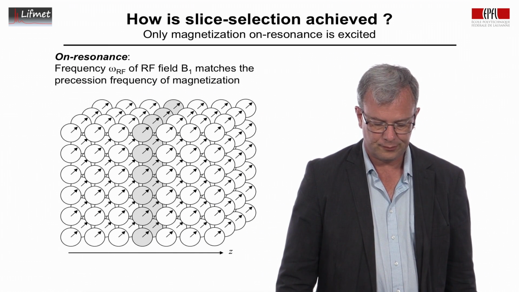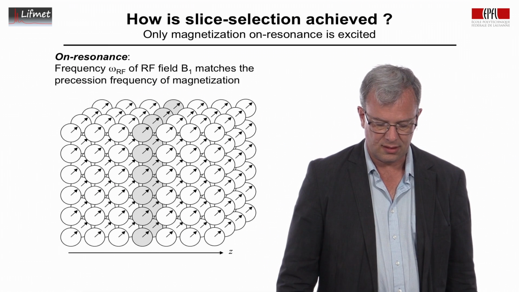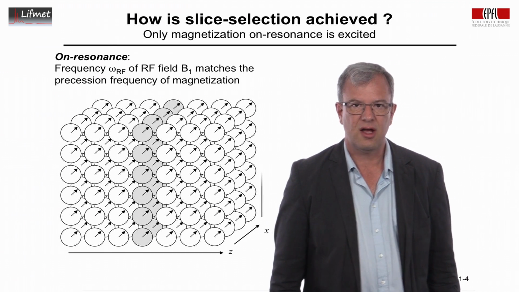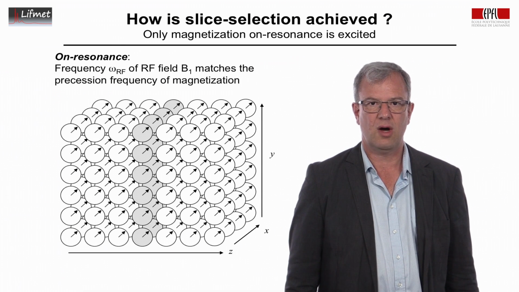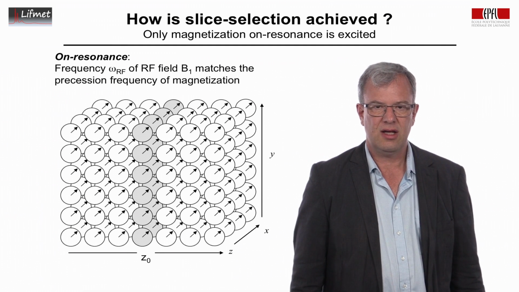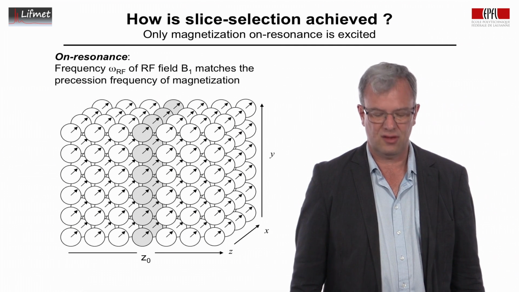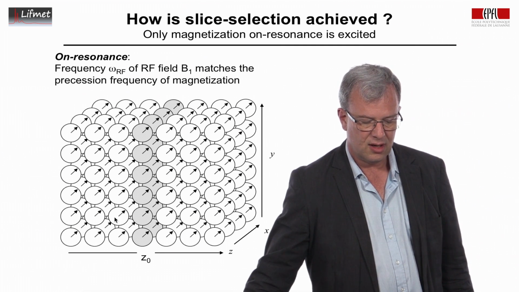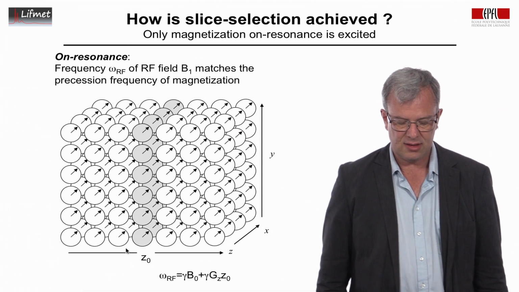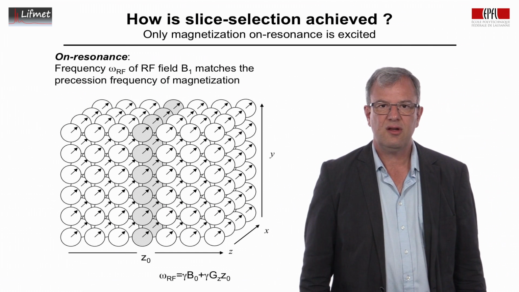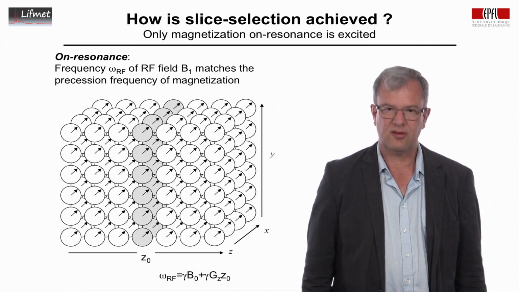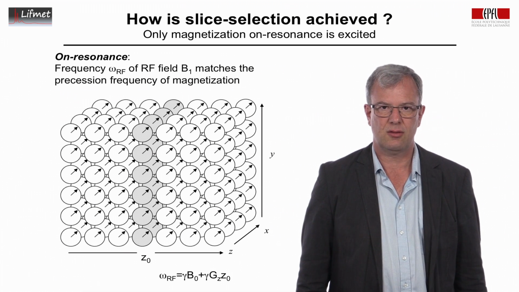We have the z direction here, we have the x direction, and we have the direction in y. Now we'll consider that we have a position z0 that corresponds to the gray voxels in our object, and that the Larmor frequency at this position is given by gamma B0 plus gamma Gz times z0.